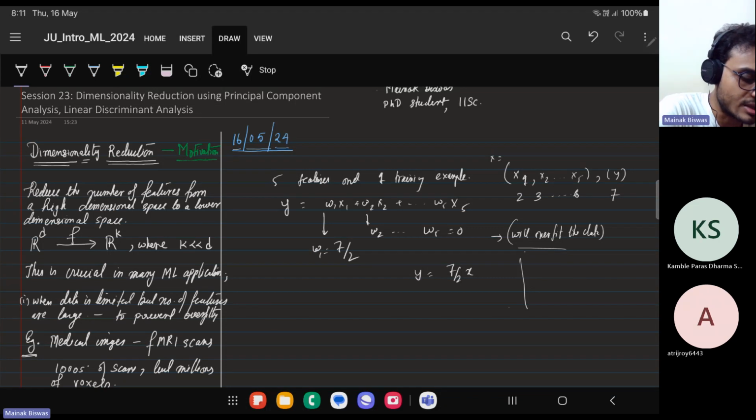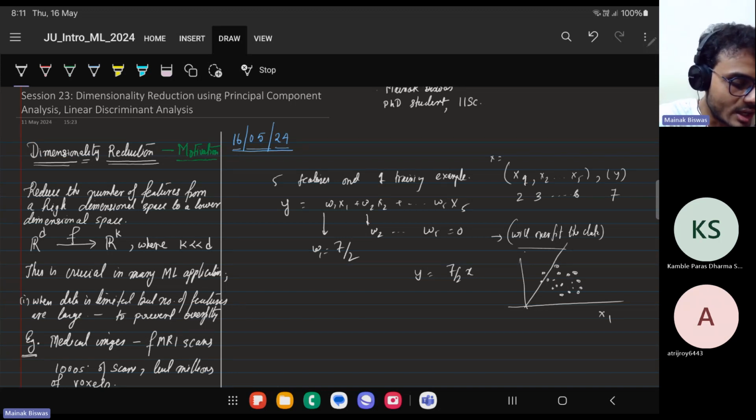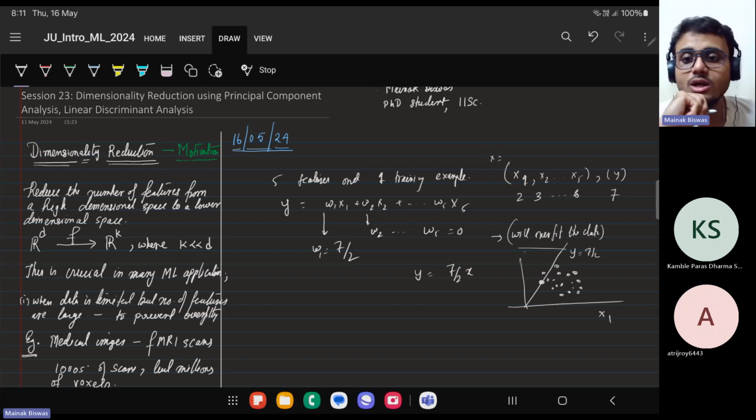So this is the graph with only x1. Just think how bad it will be with 5 variables. The other variables in the actual distribution of the data were something like this. It was negatively correlated. But you have learned y equals 7/2 x from this one data point. So you will do very badly on unseen data, yes or no?